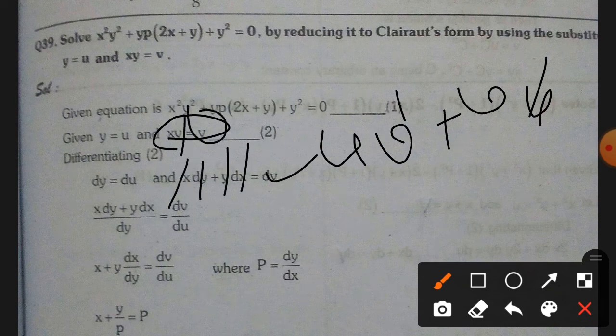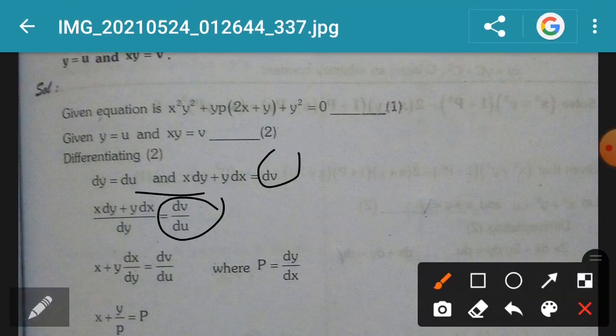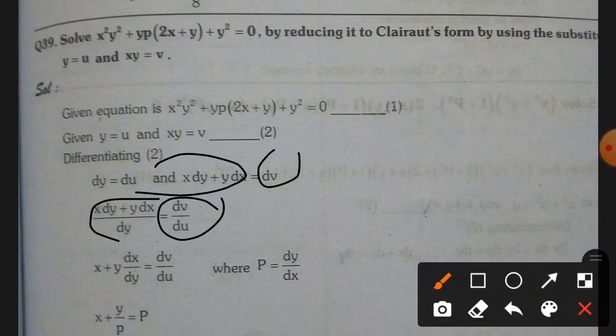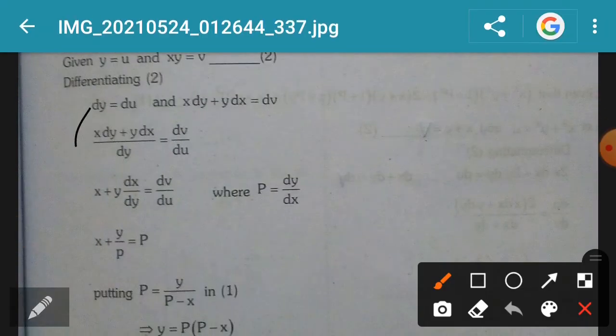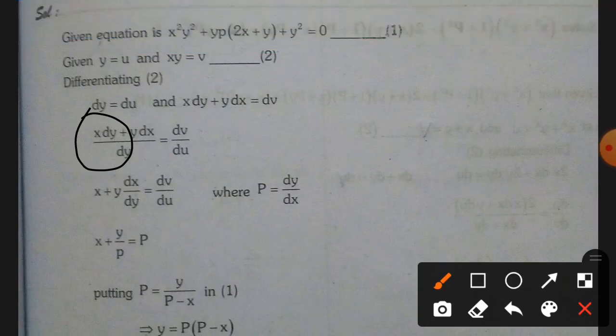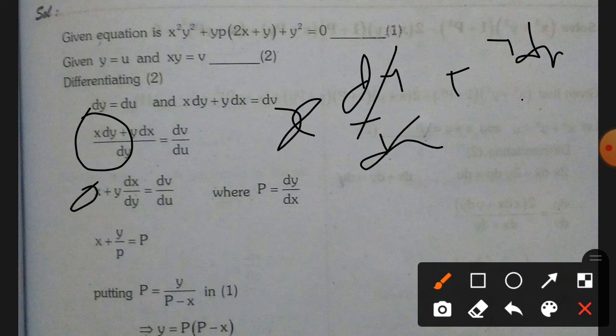So now we get dv by du. After that, we simplify with the LCM: x dy by dy plus y dx by dy. Here dy dy cancel, it has only x, y, dx by dy, which equals dv by v.